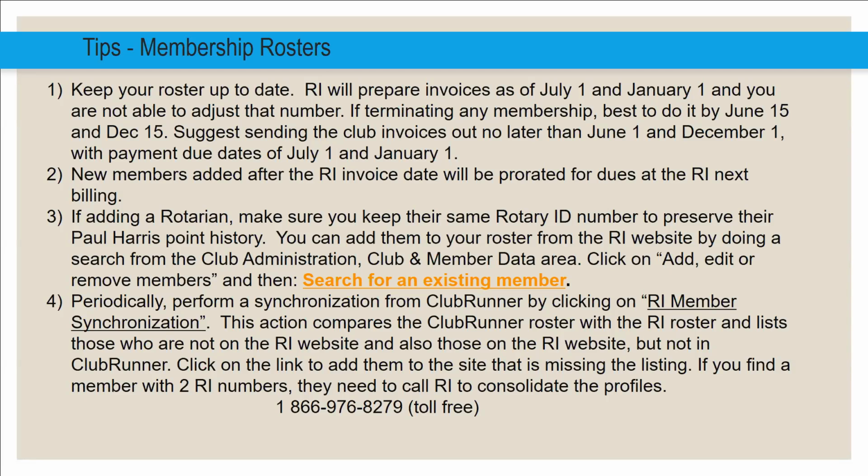Anytime you have problems, you call Rotary International if you have 2 numbers to consolidate, or if you're having problems with the synchronization, you call Club Runner. Those people are really helpful, and you can call them or send a ticket and email them. They'll respond eventually, but because of the time difference, sometimes you don't get an answer right away.